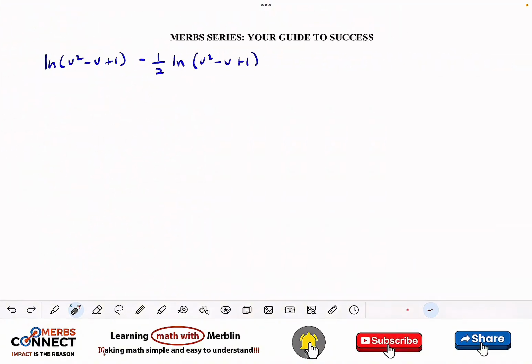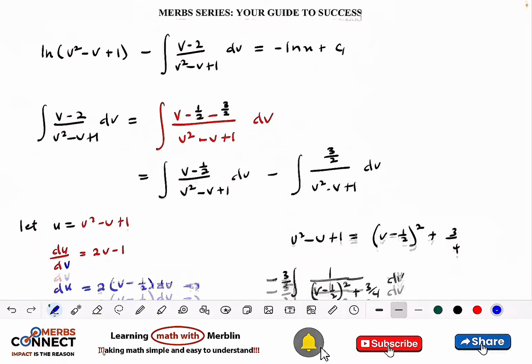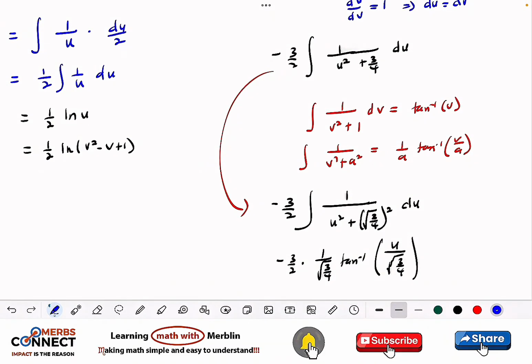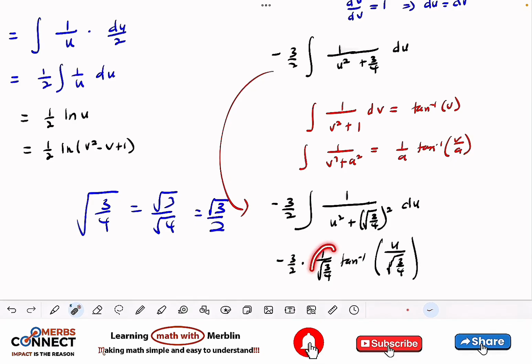So we are going to have plus 3 on 2, but we can write root of 3 over 4 as root of 3 divided by root of 4, which is the same as root of 3 divided by 2. So we can write this one as that.